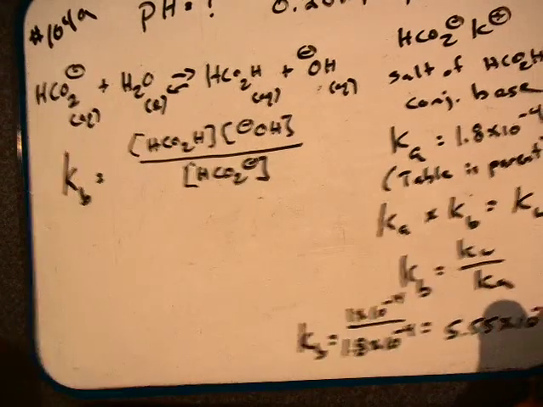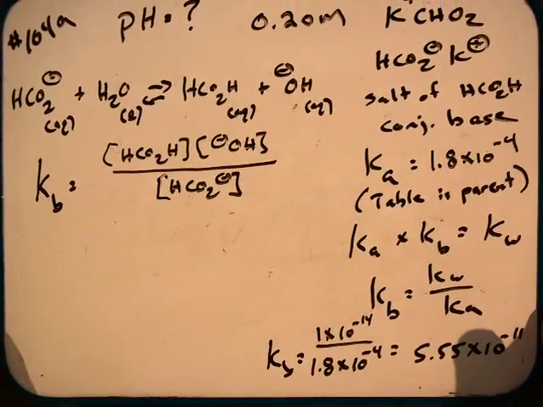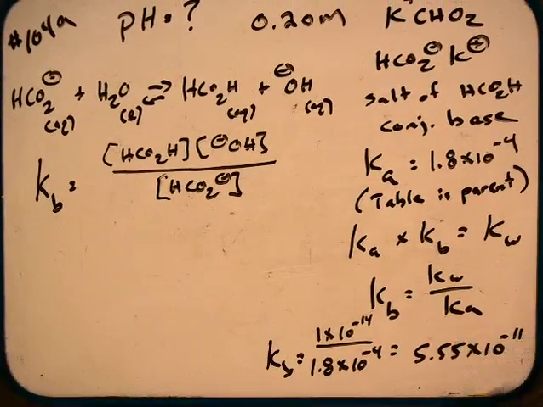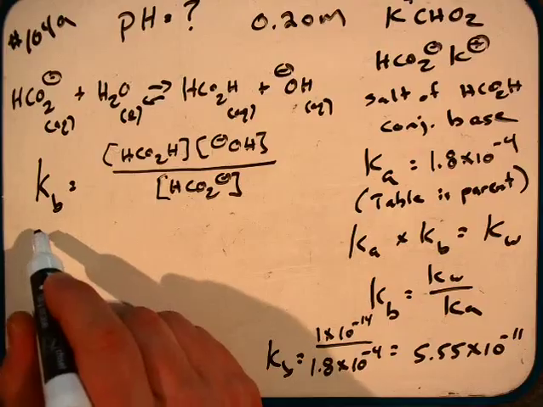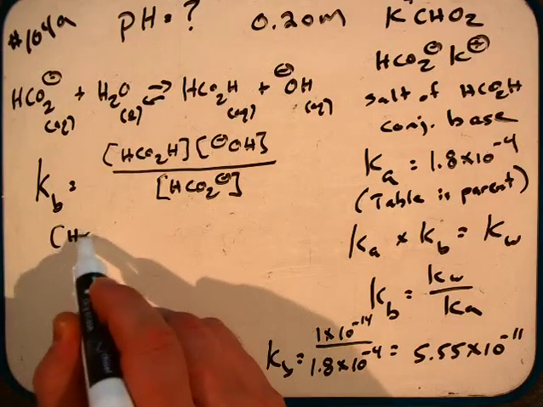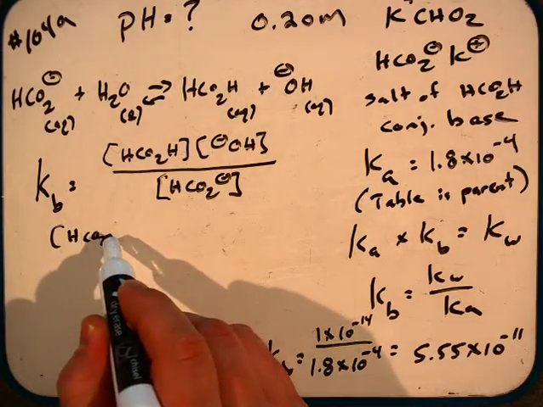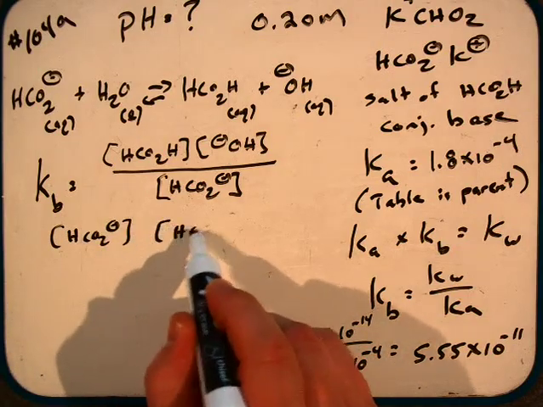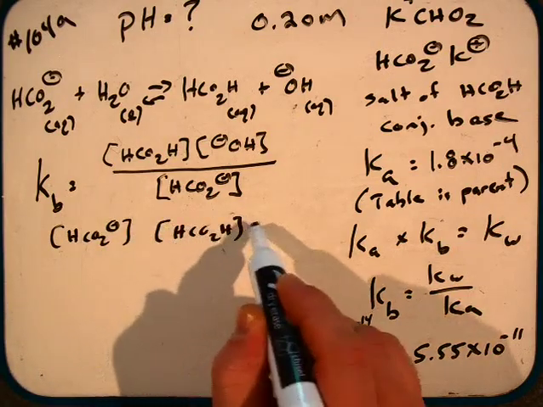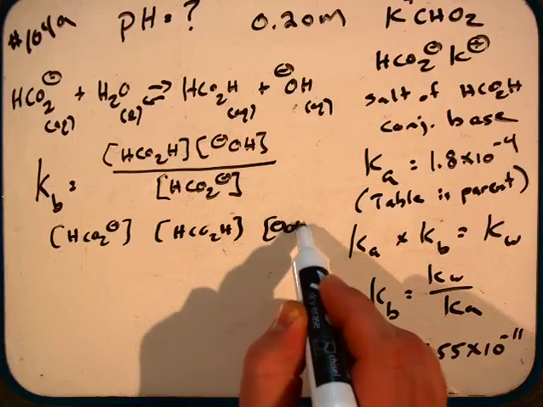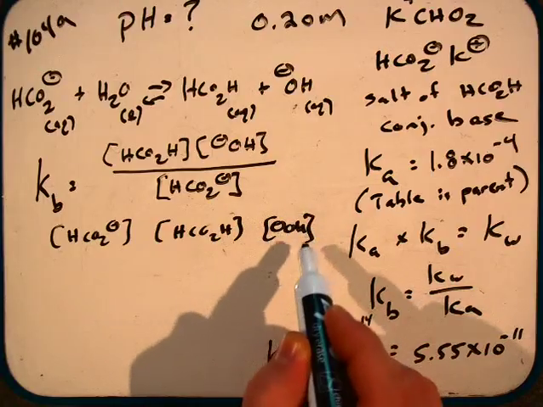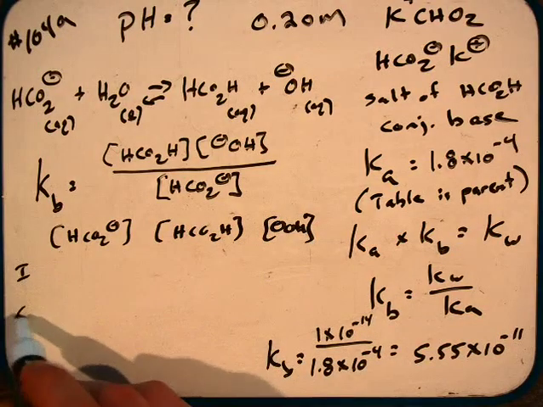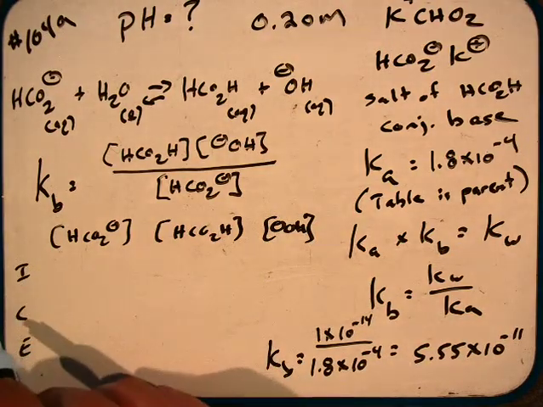But now we need to generate an ICE table in order to basically get at what x is. And so we would have our starting materials, our products, and our initial, our change, and our equilibrium.